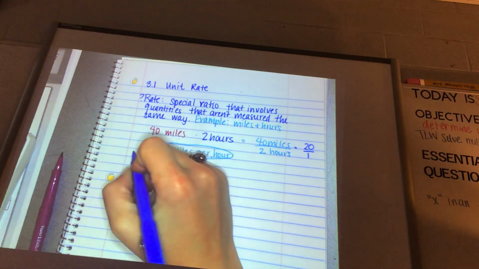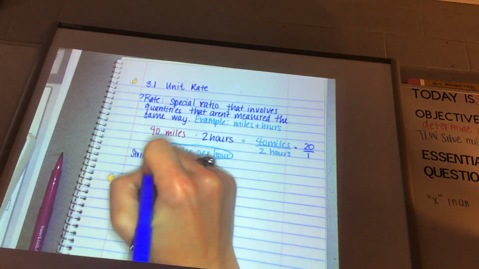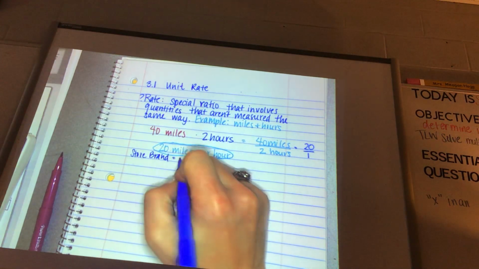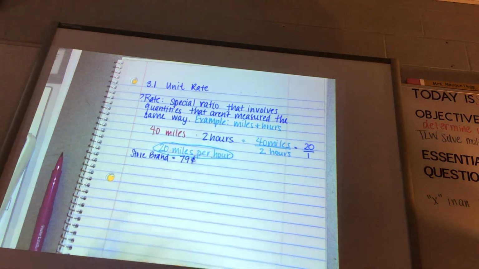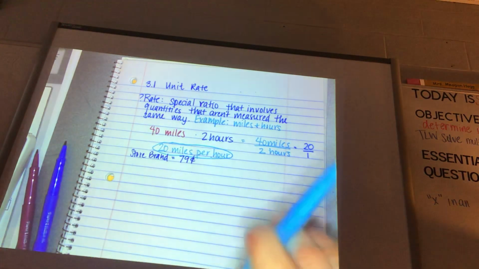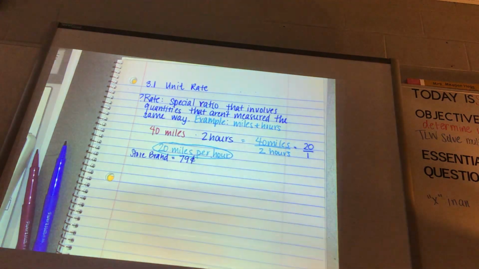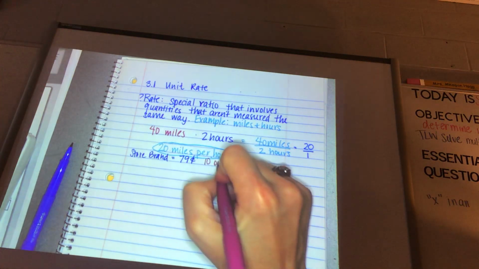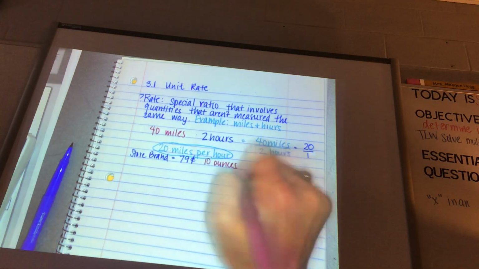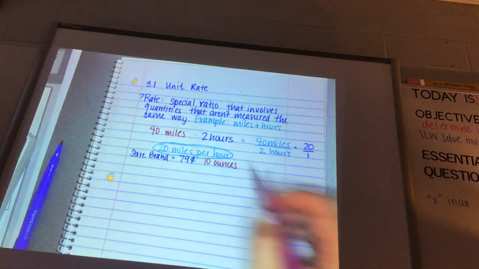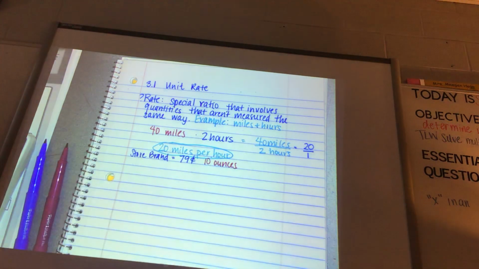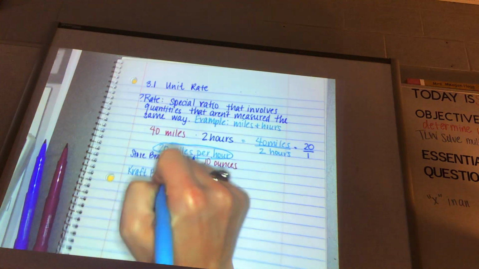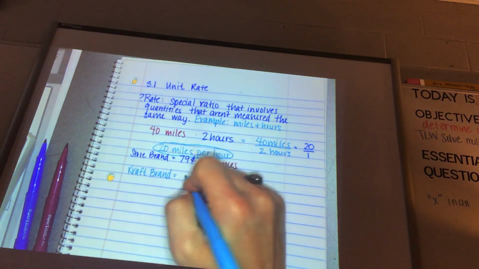The store brand is 79 cents, and that is for 10 ounces of macaroni, 10-ounce box. Okay, and Kraft brand is 99 cents for 12 ounces. For a 12-ounce box.